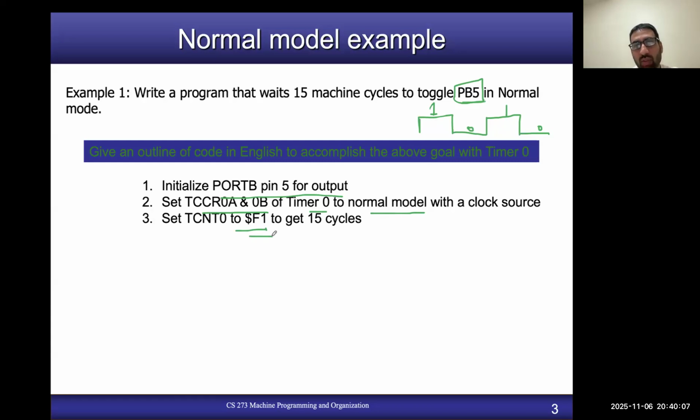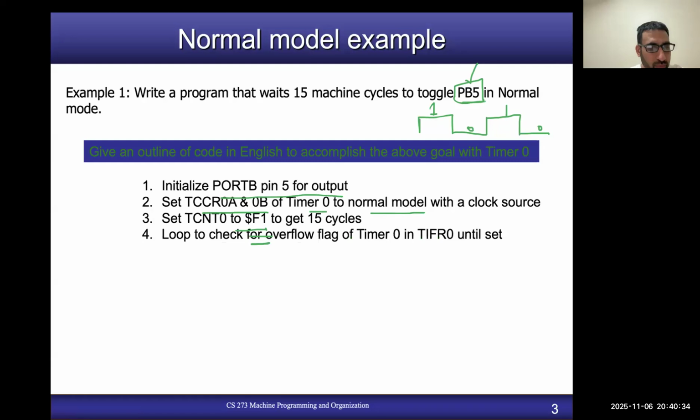We continuously keep monitoring the flag, and once the flag becomes equal to 1, it will tell us that 15 cycles have passed. So we will toggle the value on the PB5 pin, and then again put the initial value F1 in that register, and again start monitoring the overflow flag, and we'll keep doing this in an infinite loop.